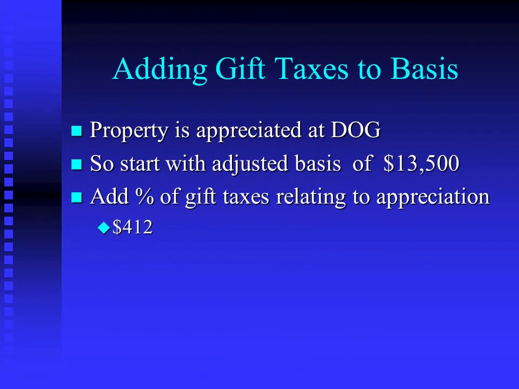We're going to add to that $412 worth of gift taxes. So what I said was the $2,000 times the appreciation over fair market value. Take a second and see if you can come up with that before I show the next couple of bullets. So the appreciation over fair market value times 2,000 will equal $412.